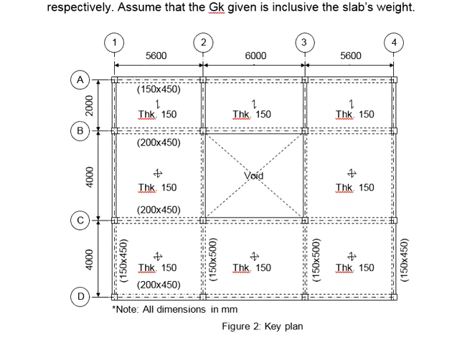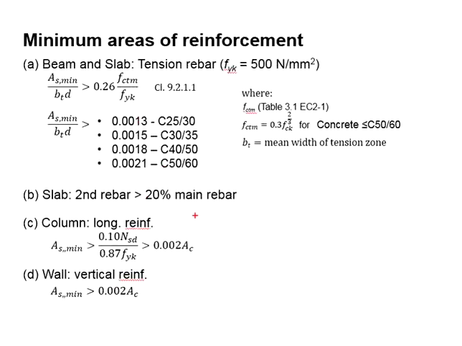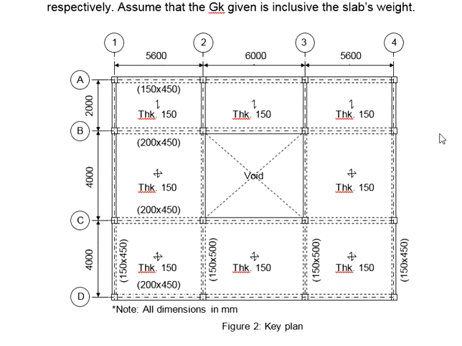This is not only applicable for two-way slabs, where you will have a bending moment diagram both at the shorter span and also the longer span. This requirement of 20% of the main bar as the secondary rebar is also applicable to one-way slabs.